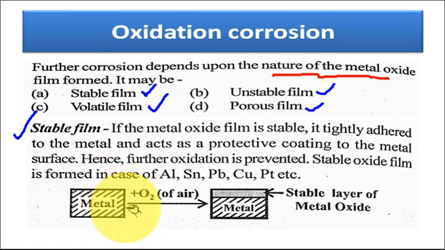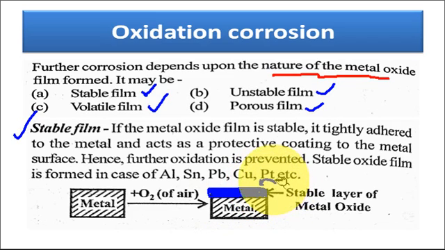If the metal undergoes corrosion in presence of oxygen and there is formation of a stable metal oxide layer, then once the metal oxide layer is formed onto the metal surface, it completely covers the metal surface. So it protects the metal surface from further attack of oxygen.